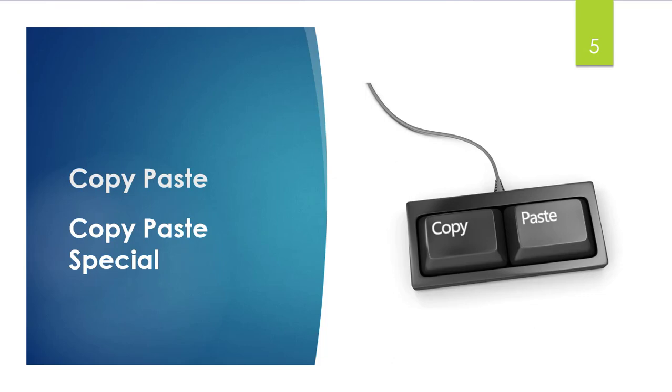So we prefer to create bodies as master body, or I will say featured body, the body in which features are available. Whatever bodies we have created having the features, I will name them featured body. Then using copy paste and copy paste special, I will create a replica of that.